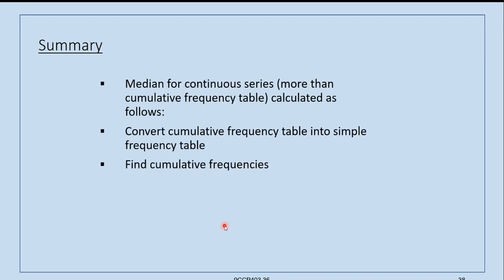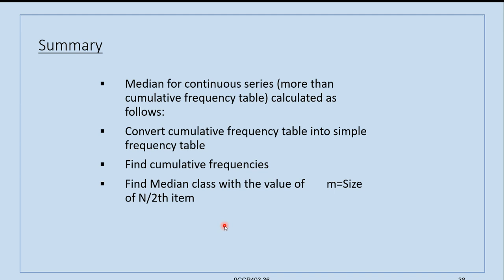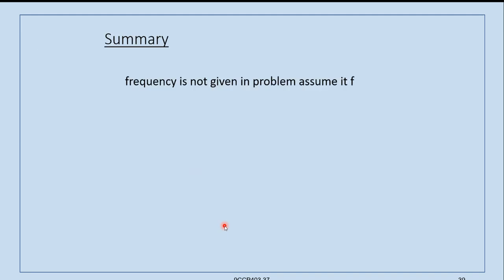We have also seen more than cumulative frequency, in the same method, converting the cumulative frequency table into simple frequency by converting the class interval and frequency, finding cumulative frequencies and the median class with the value of n by 2, and then applying the formula.